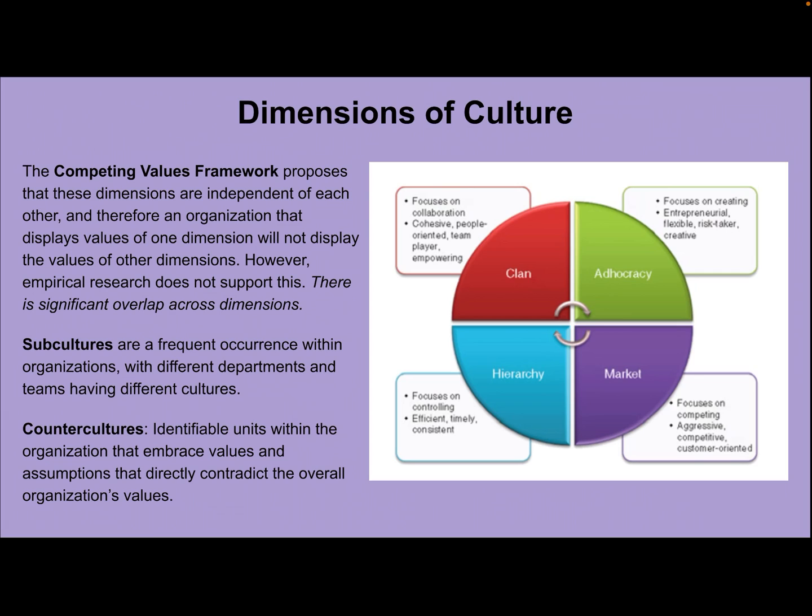Countercultures are identifiable units within the organization that embrace values and assumptions that directly contradict the overall organization's values. So not just a subculture that's a little bit different than the rest of the organization, but a straight up counterculture, which directly contradicts the organization's values.